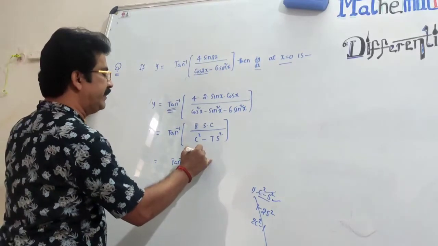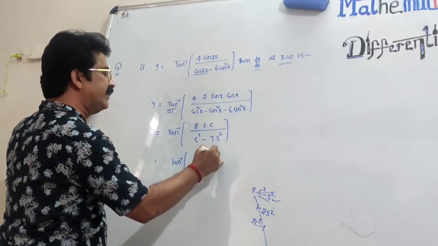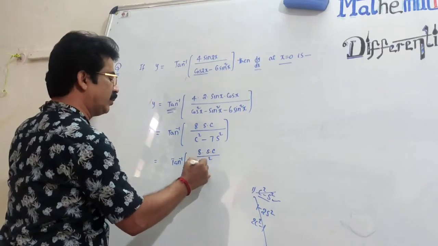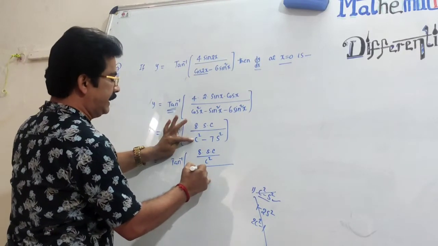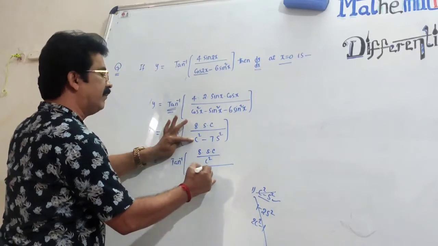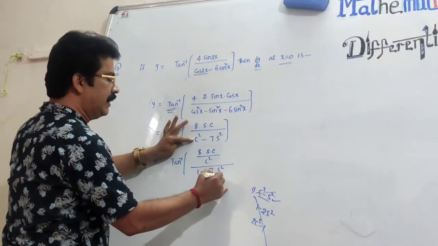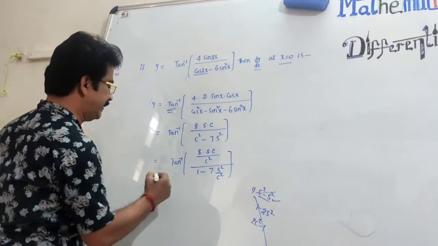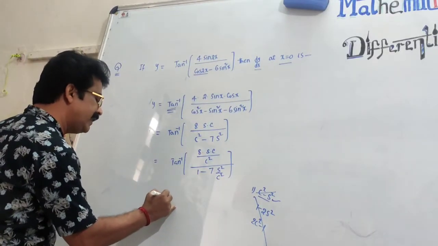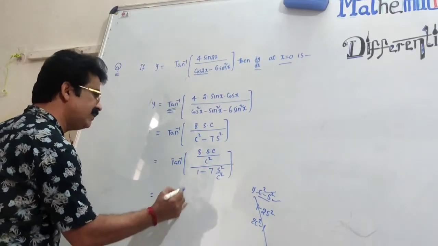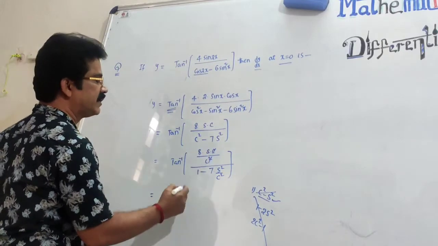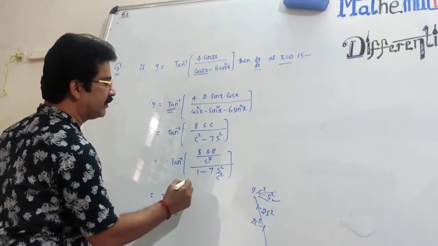So therefore it is 8 into sin x into cos x divided by cos square x, whole divided by cos square by cos square, 1 minus 7 into sin square divided by cos square. So that is equal to tan inverse of, the cos cancels, 8 into sin by cos is tan.